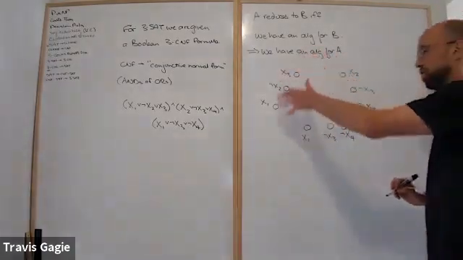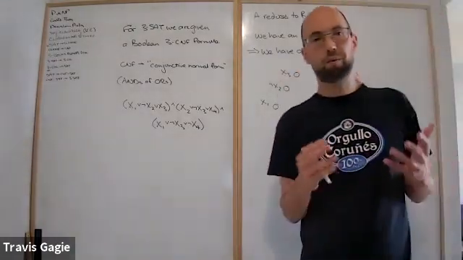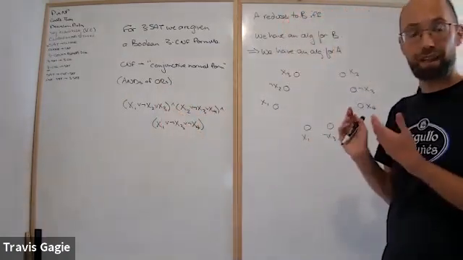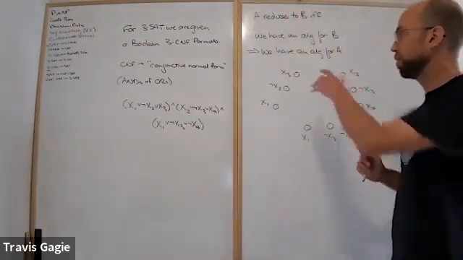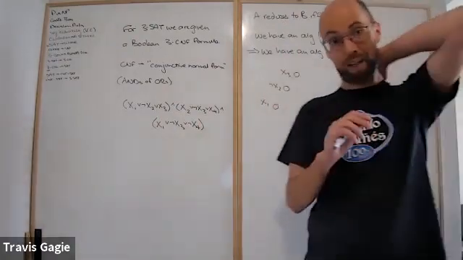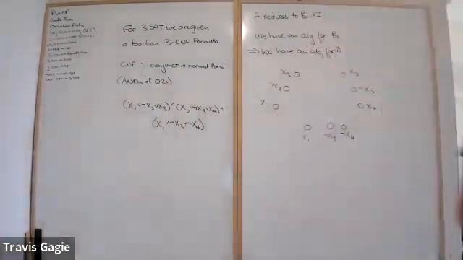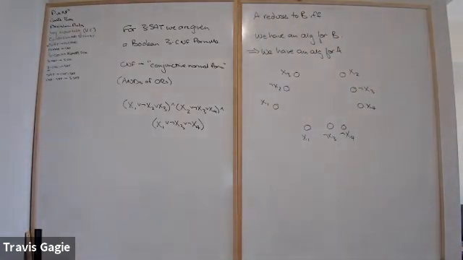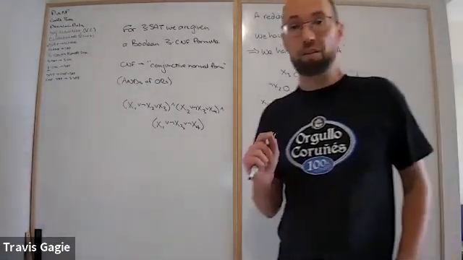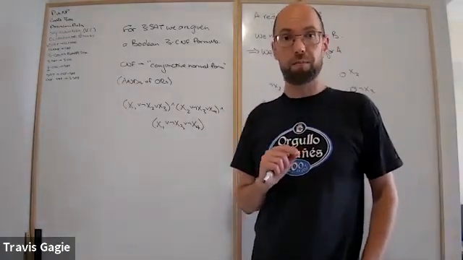Okay, so if you have k clauses, this is going to be a k-partite graph. For each of these clusters, we're not going to draw any edges within the cluster. What we are going to do is draw edges between the clusters.